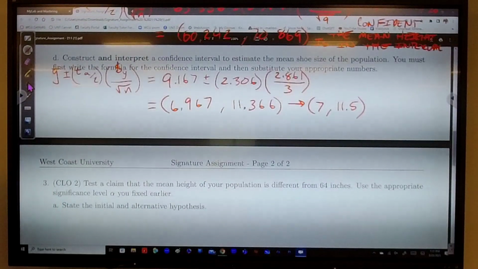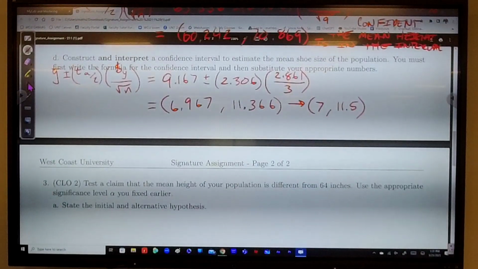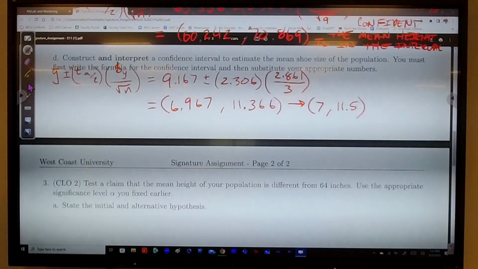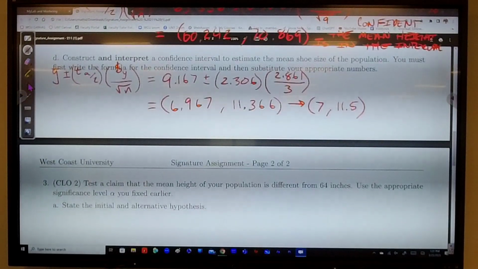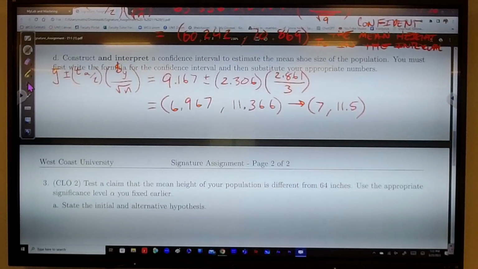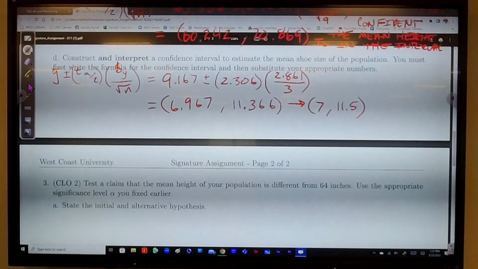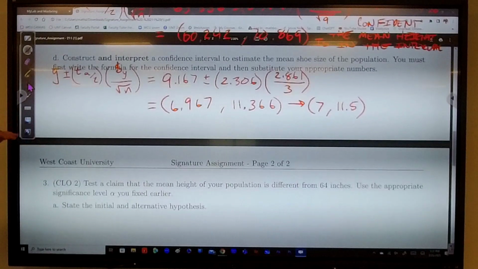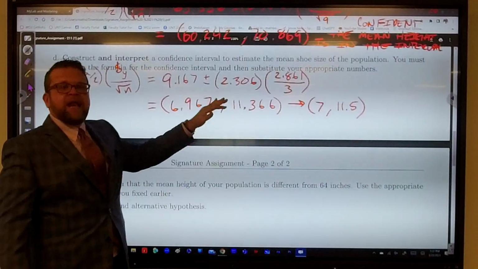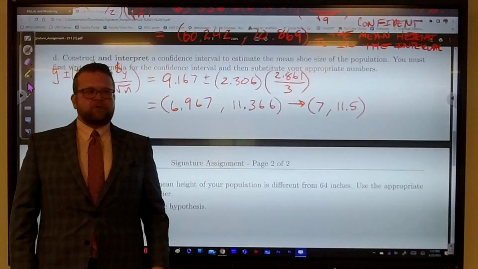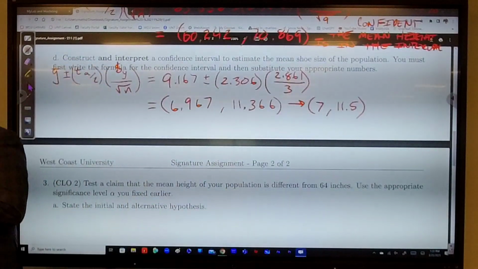If we did 100 samples and got 100 different confidence intervals, 95 of those confidence intervals would actually contain the mean.